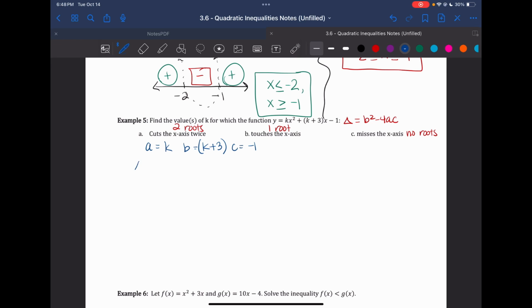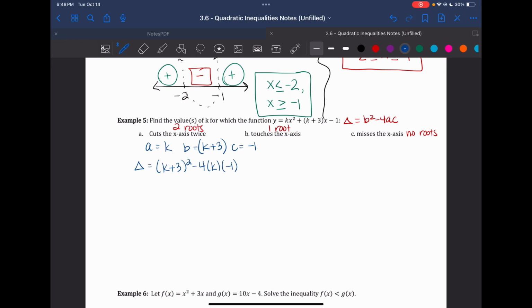So discriminant equals b squared, so k plus 3 squared, minus 4 times a, in this case k, times c, which is -1. I'm going to go ahead and simplify. Now k plus 3 squared, be careful and do not distribute that squared. That is not how that works.